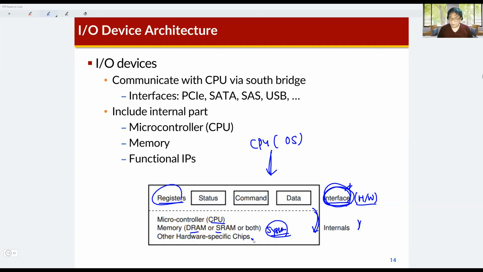Also, the IO device has an internal part. The internal part has its own system, and may have a microcontroller, its own memory system, or some specific chips.